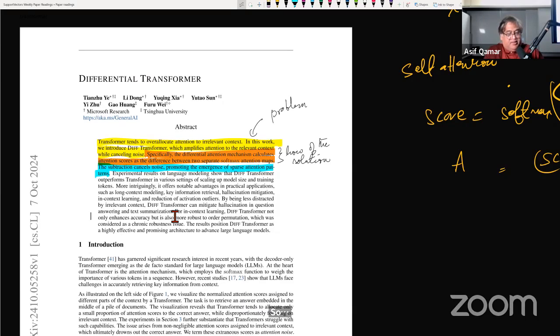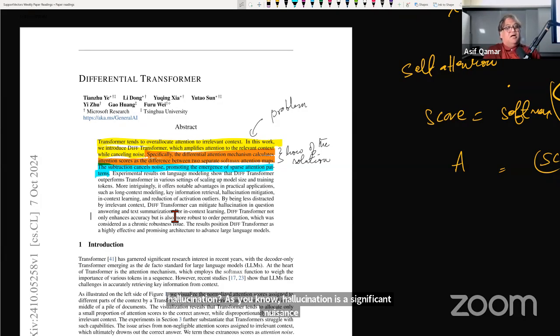But more intriguingly, it offers notable advantage in practical applications, such as long context modeling, that is very long context or inputs, key information retrieval, that is retrieving the key bit of information from a long input, and hallucination mitigation. How do you mitigate hallucination? As you know, hallucination is a significant nuisance for LLMs in many situations.